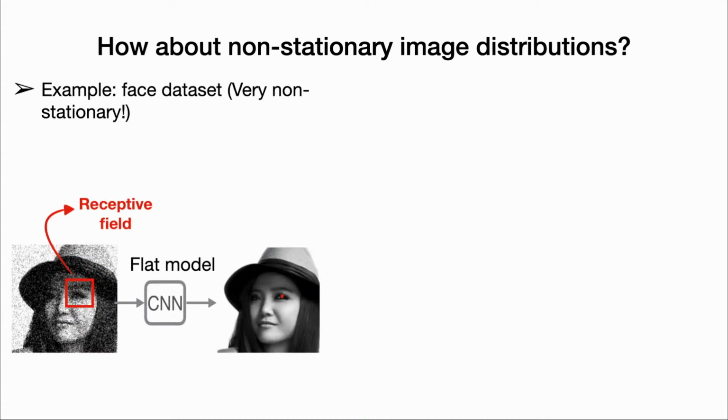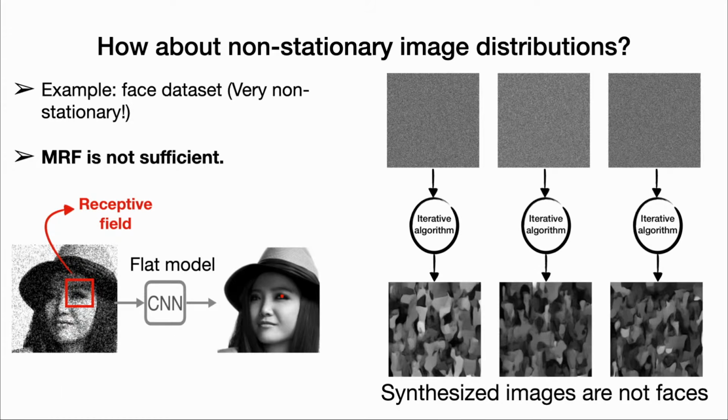But how about a case where you don't have stationarity in your density? So we have this data set of faces that's always used in diffusion models, and it's very non-stationary. What happens if you train this flat model on this non-stationary distribution? So that's what we did, and this is what we get.